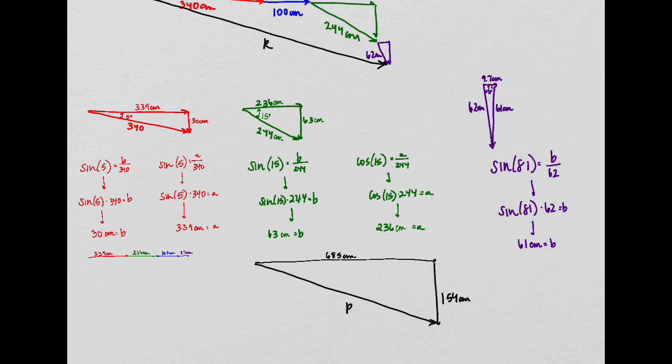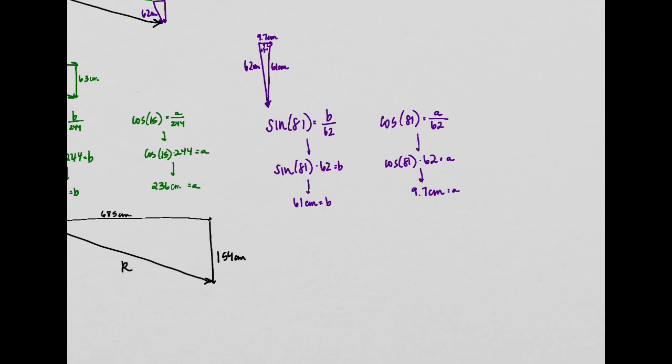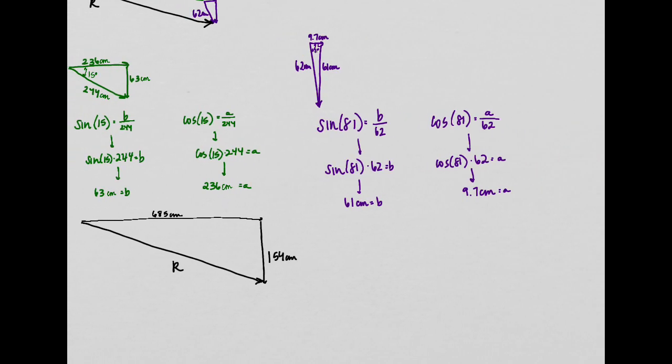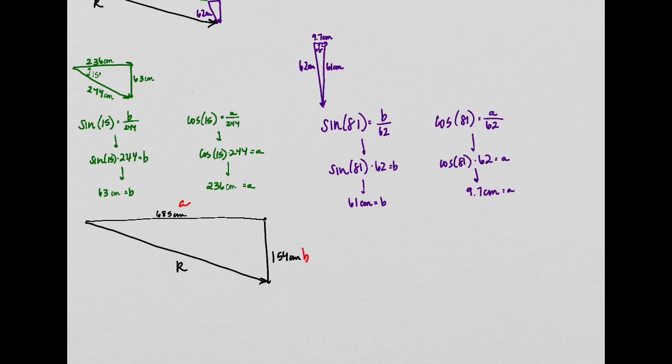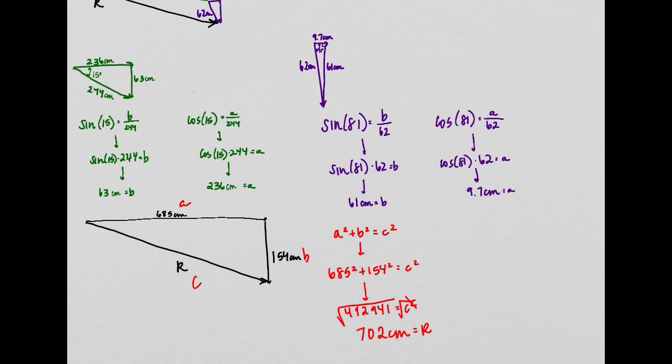So now I'm ready to determine R. In order to do that, of course, I'm going to use Pythagorean theorem first. This is A, B, and C. I'm going to use those values to find R. And I find that R is equal to 702 centimeters. You can look at my math if you are not understanding how I got that.